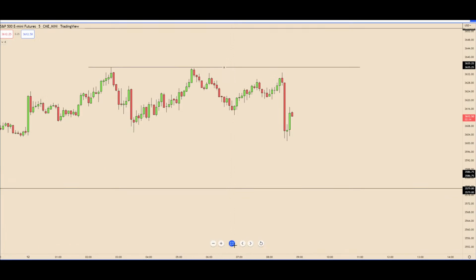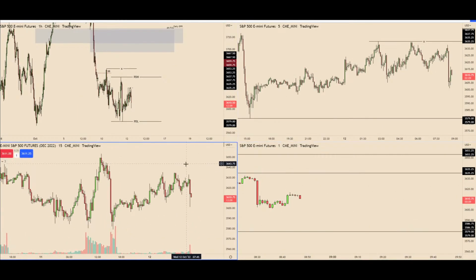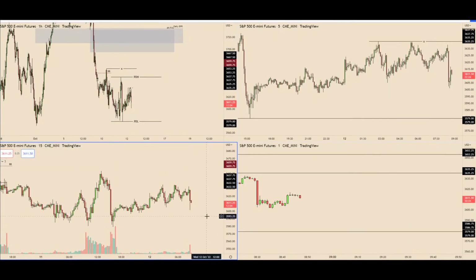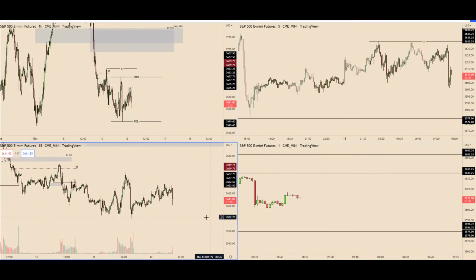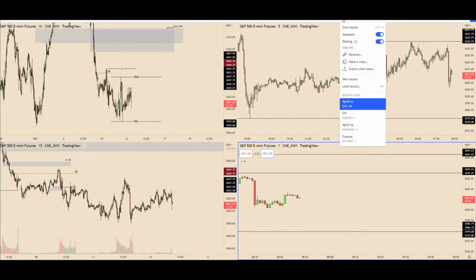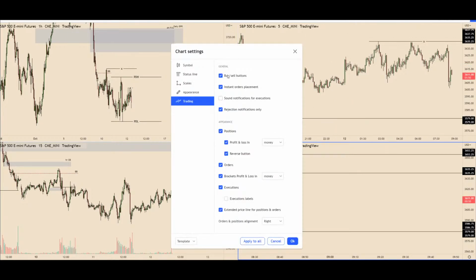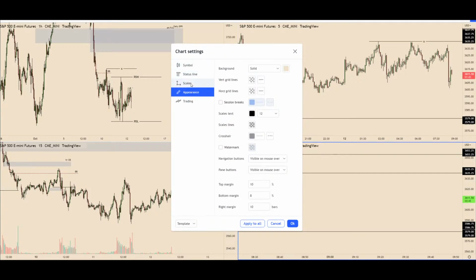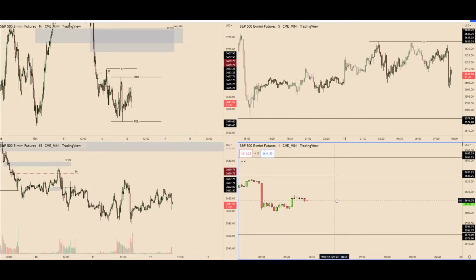5-minute. Pull that back up. Go to a 1. Trying to figure out how to sync drawings. I don't know if anyone knows how to sync drawings, let me know.